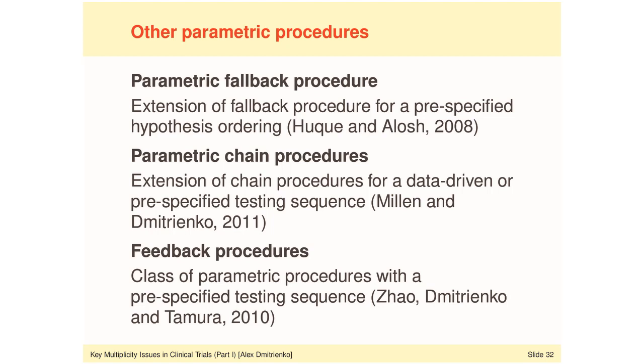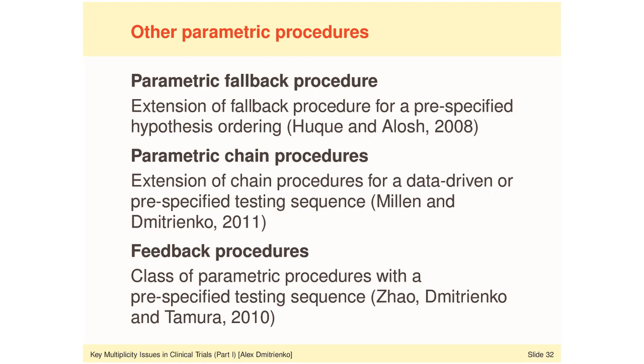When there is a natural, clinically meaningful way of arranging the null hypotheses of interest, and if in addition the clinical trial sponsor has information on the joint distribution of those test statistics, instead of using the non-parametric fallback, which is a non-parametric procedure derived from the Bonferroni, the sponsor can consider its parametric version.